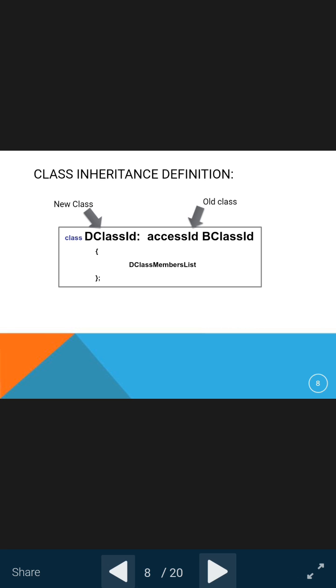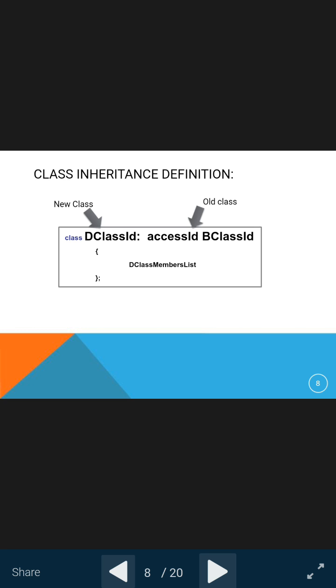Next, B class ID means base class ID. Here D class ID is the new class and B class ID is the old class. In that we have the D class methods list. This new class is the derived class.